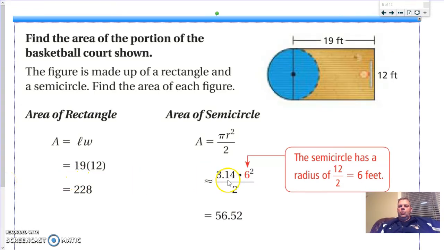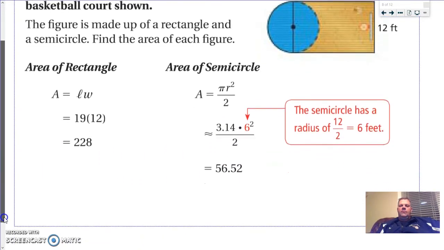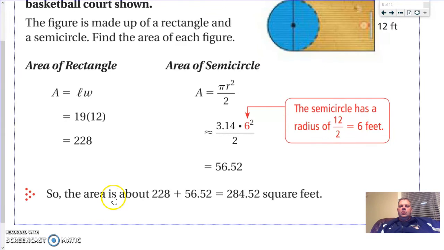Notice they use 3.14. If you chose to use the pi button, it would be a little bit larger than 56 and 52/100ths. To get the total area of this figure, we have to add those together, and we get 284 and 52/100ths square feet.